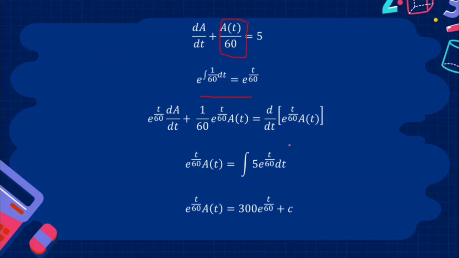After this, like always, we plug in all the needed values, and then it leads us to this equation where we just have to integrate the 5 here, and this is what we will have: 300 exponential to the t over 60 plus c. Make sure you don't forget this c since we have integration here.